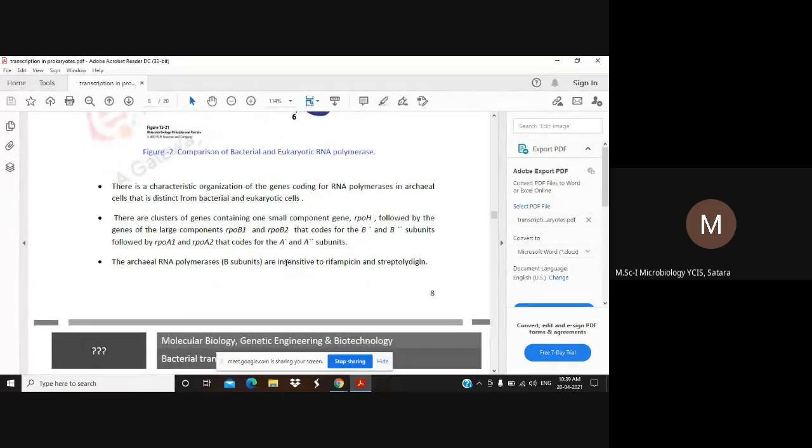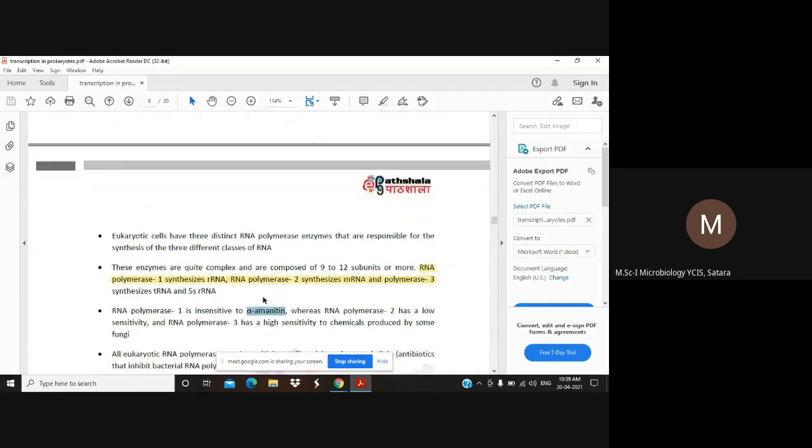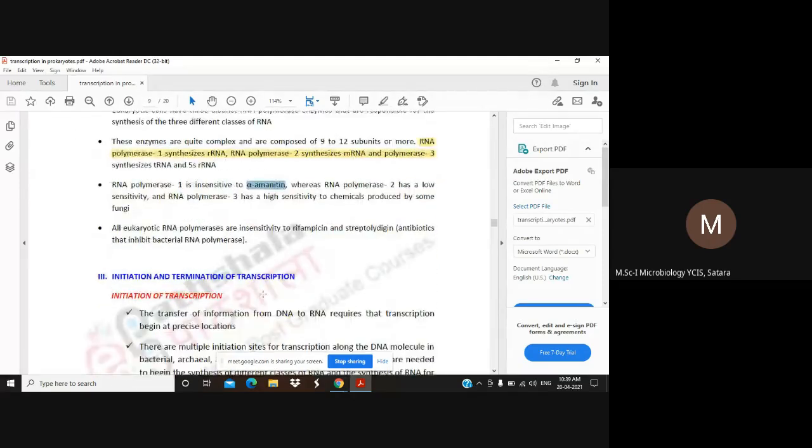RNA polymerase 3? tRNA and 5S rRNA. Then RNA polymerase 2? mRNA. Yes, so you have remembered this code, RMT.